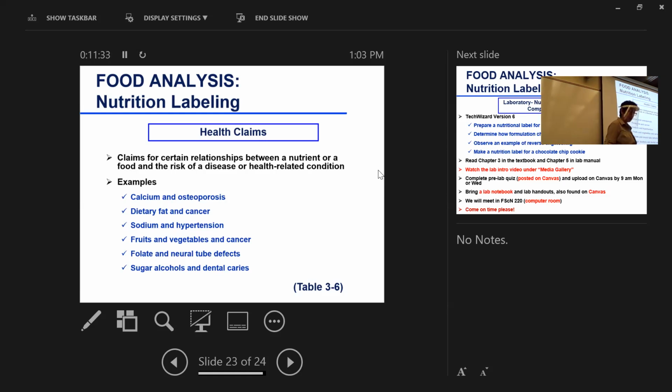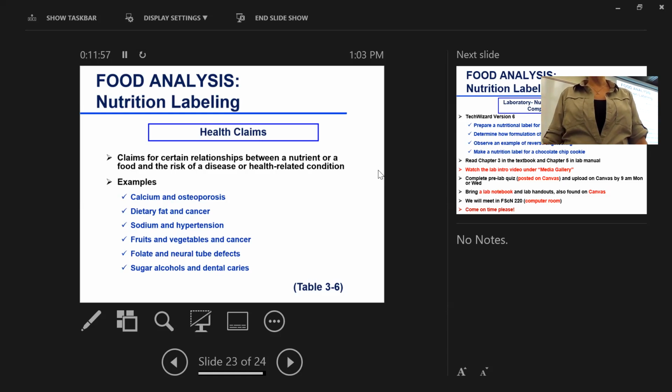Sugar alcohols and dental caries. So these are some of the health claims. There are also others related to dietary fiber. For example, soy protein, there is a claim for that. So there are different claims, and these are just examples of these claims.